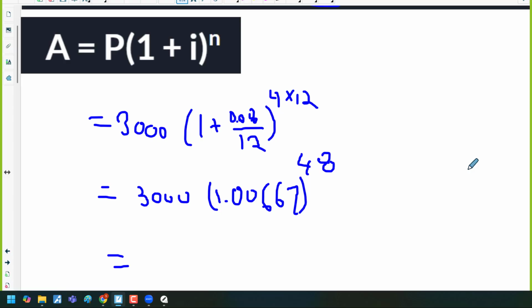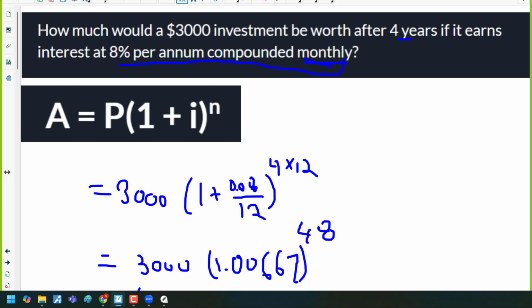Now we take this number in the bracket, take it to the power of 48, and then times it by 3,000. And we get $4,126.99. I'm just going to round that up. That's the answer.